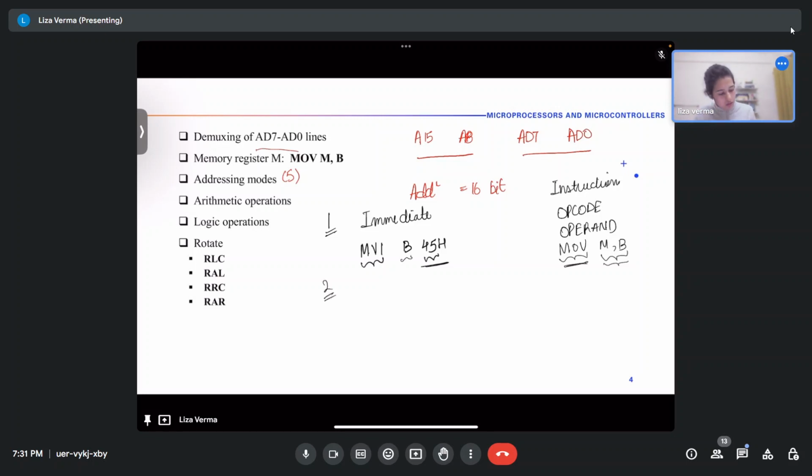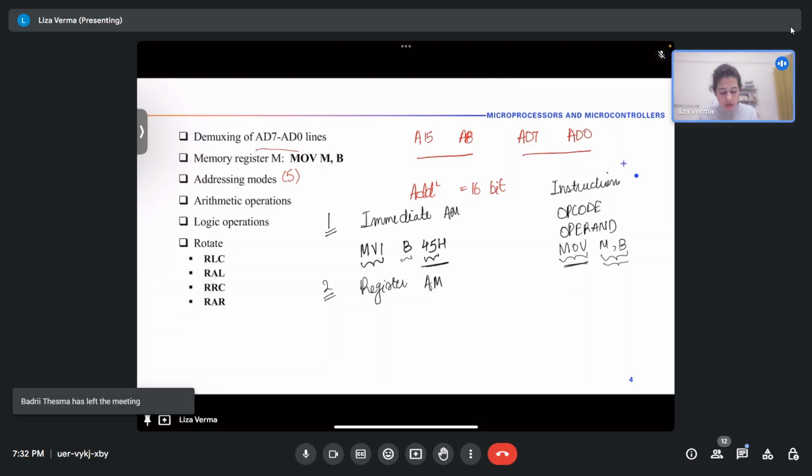Second is the register addressing mode. In this kind of addressing mode, the data that is to be operated on is available in some register.